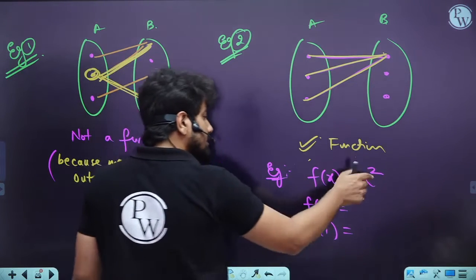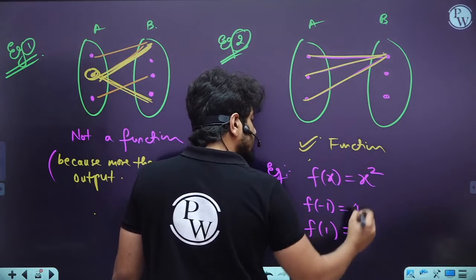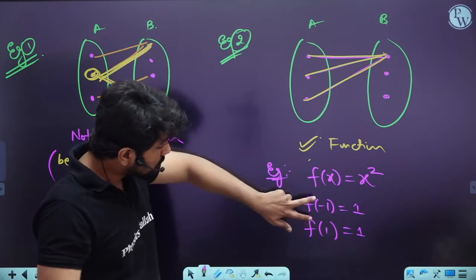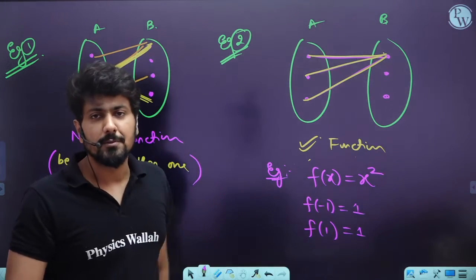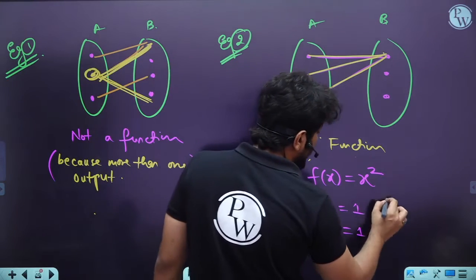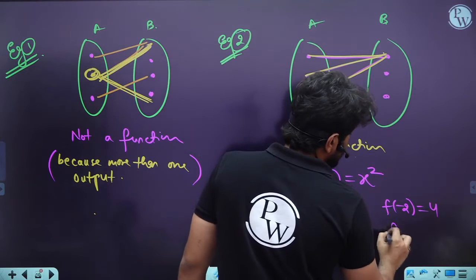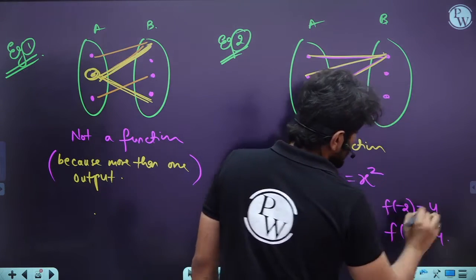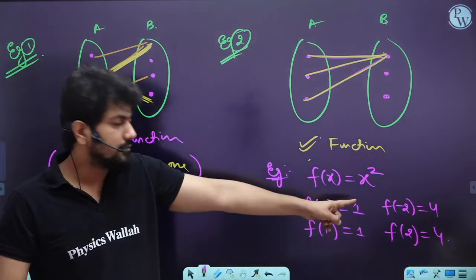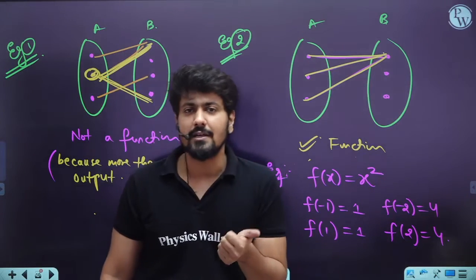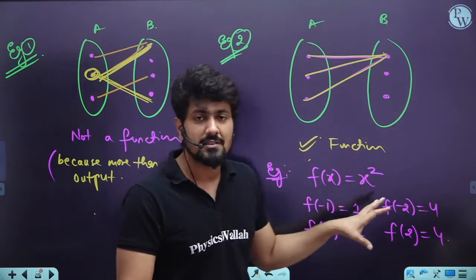Yes. (-1) square is 1 and 1 square is also 1. So with 2 different inputs, we are getting the same output. What will be the value of f(-2)? f(-2) will be 4 and f(2) will also be 4. At 2 different inputs, we are getting the same output. That is okay. This is still a function.